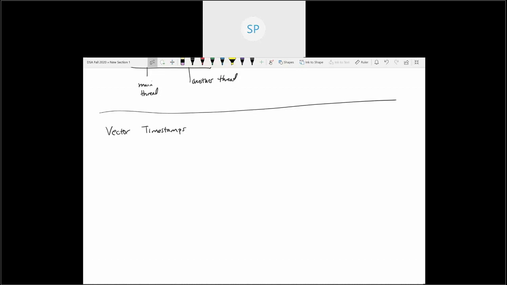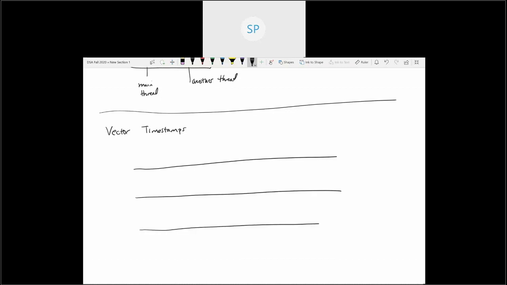Okay, so execution-wise, I'm going to draw a picture. What it is, we have a vector that is the same length as the number of processes. So in this case, I have 3 processes, so we start with all zeros.